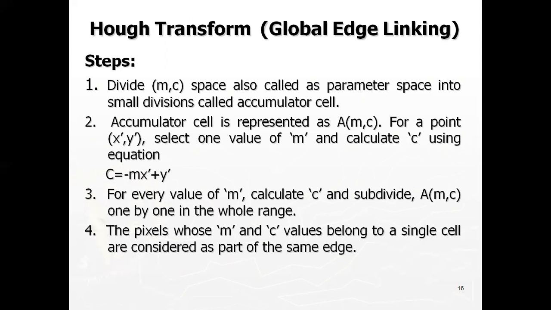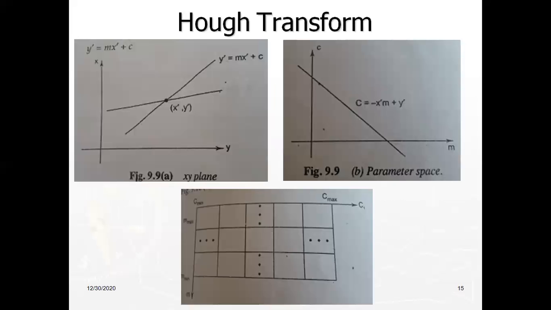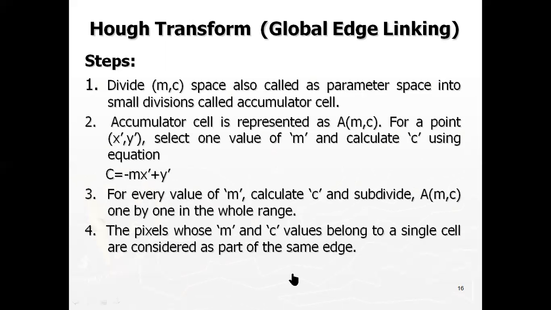Students, please try to understand the algorithm. First, we divide the MC space, which is also known as parameter space, into small divisions, and these small divisions are called accumulator cells, as shown here. Next, for a point x dash y dash, we select one value of m and calculate the c value using the equation c equal to minus mx dash plus y dash.